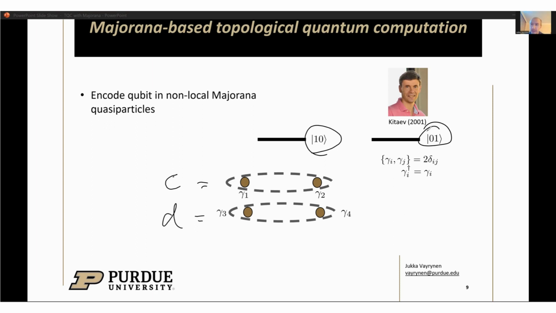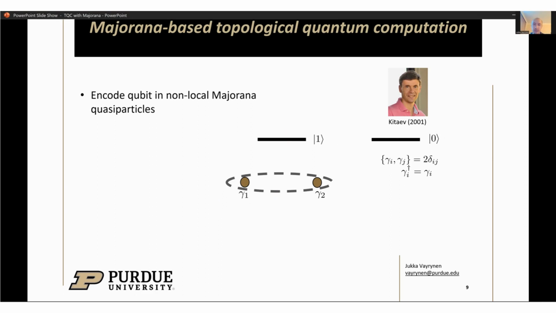Both states have one electron in the system, so we are in the fixed number of electrons, and now we can do coherent operations between these two states. And you can show that if you can move these Majoranas, so you can braid them, then you can do discrete qubit rotations in this set of states.